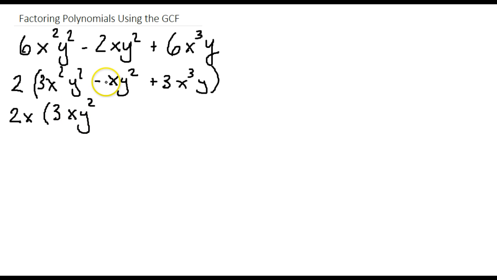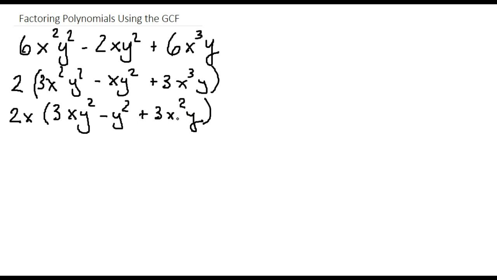And our next term is minus xy squared, so we can pull out that one x. So now we have minus y squared. And our last term is 3x cubed y, pull one of those x's out, and we have plus 3x squared y, close parentheses. So now I have 2x open 3xy squared minus y squared plus 3x squared y.